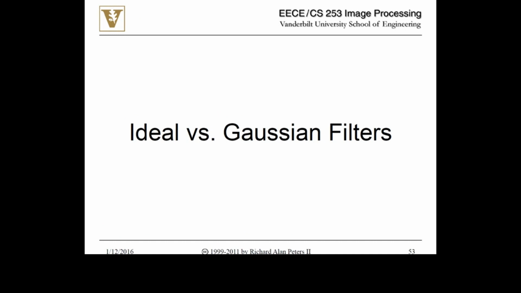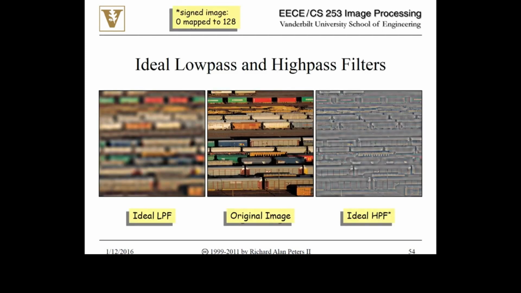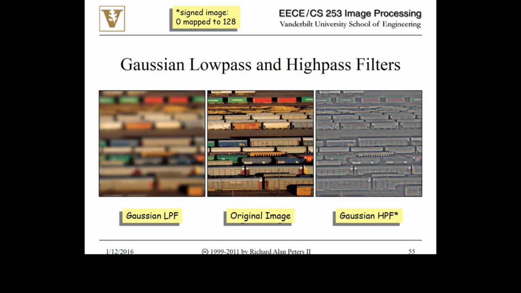Okay, so let us compare ideal filters with Gaussian filters. Here we have an original image, and here we have the result with an ideal low-pass filter and an ideal high-pass filter. And let us compare to the result with kind of equivalent cutoff frequencies with Gaussians.